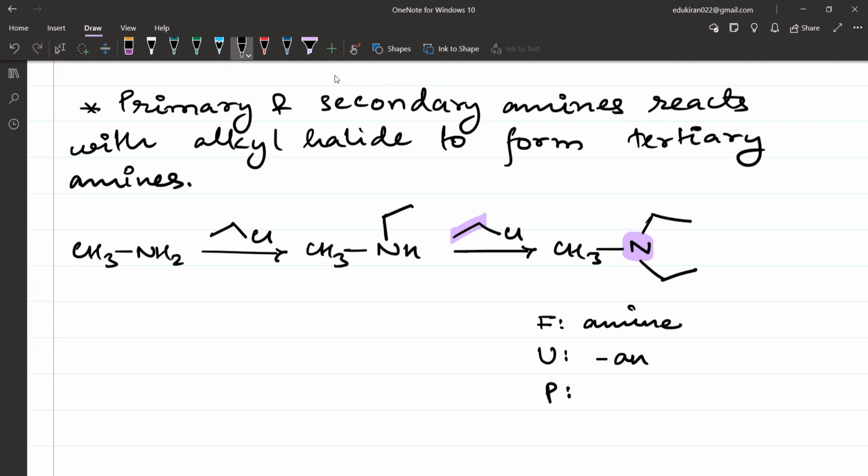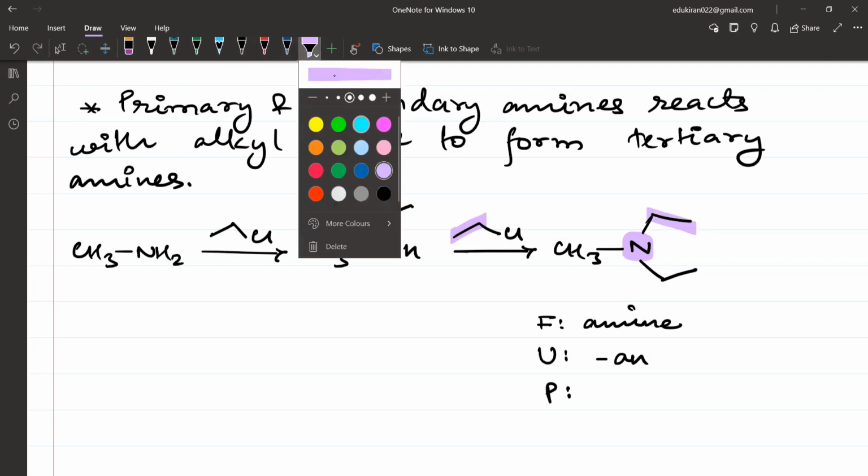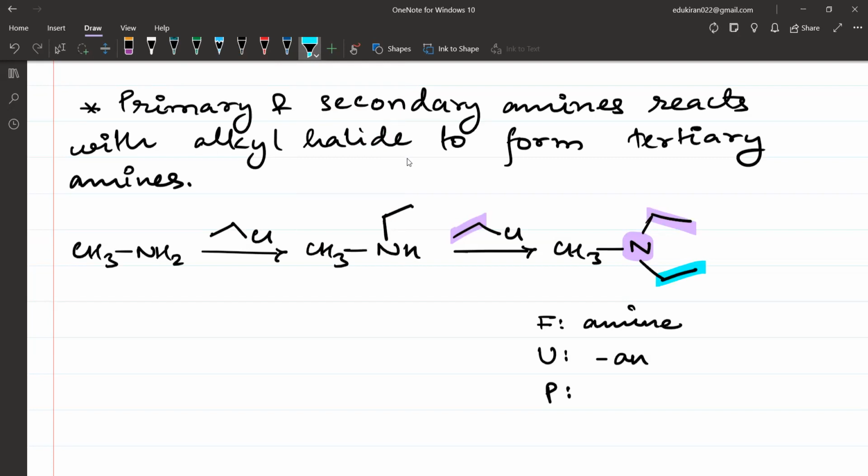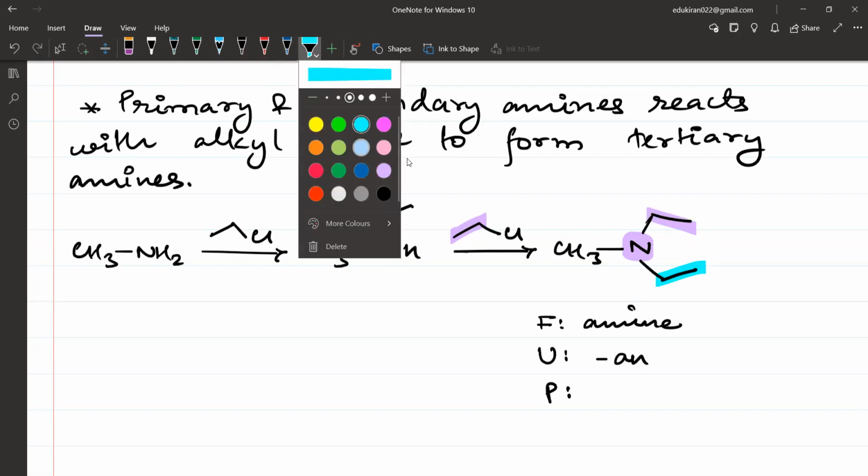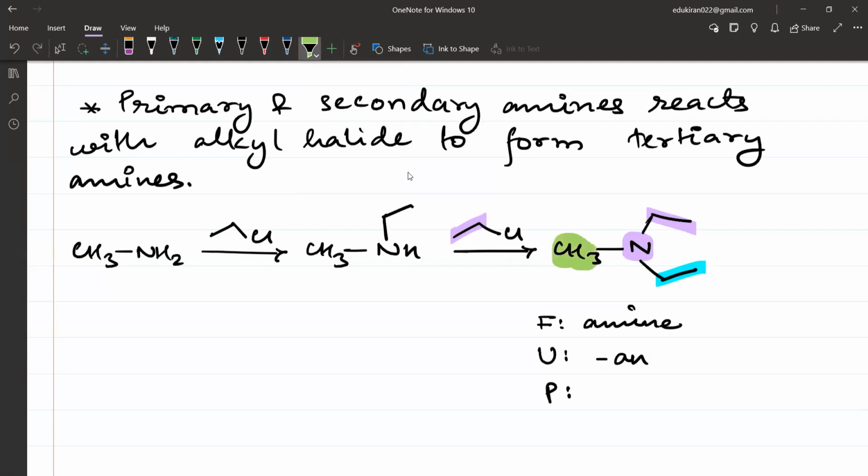For parent, I have 3 different groups that we can look at. Obviously, I'm going to choose the carbon chain that has the most carbons, because all of them are connected with nitrogen only, so they are directly connected to the functional group. So that is not a matter. We have to choose the one which is having the longest chain.